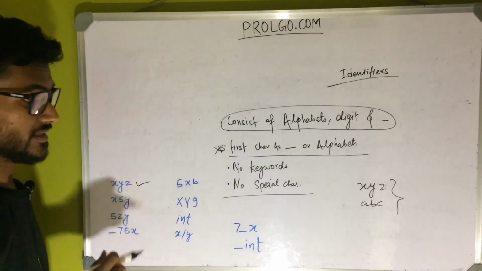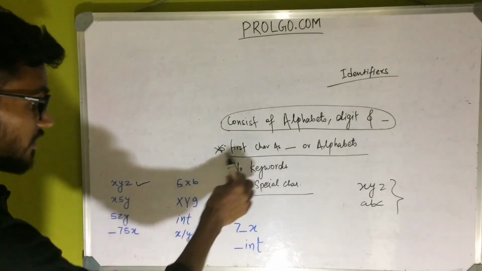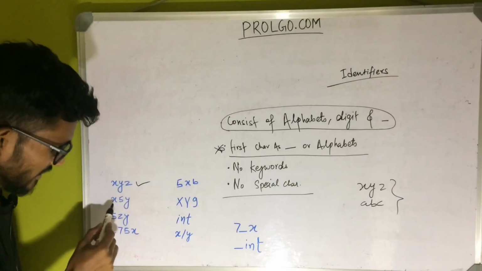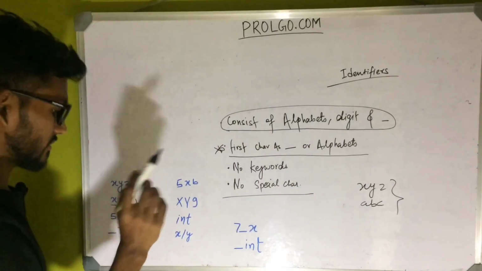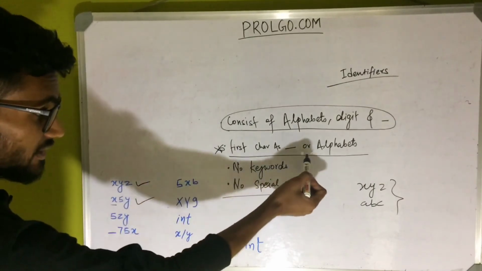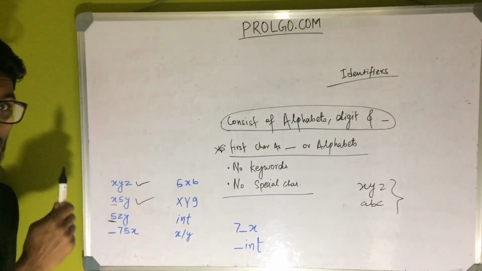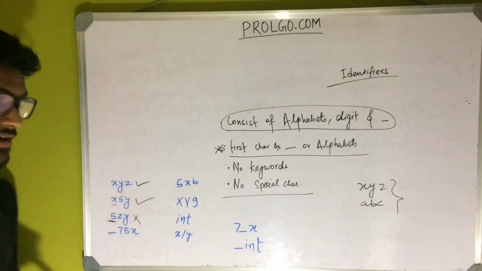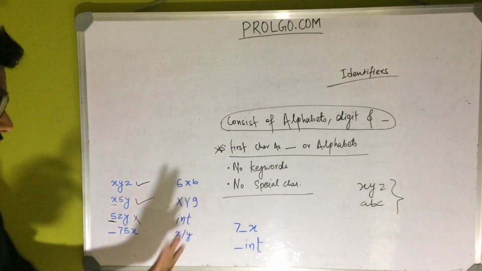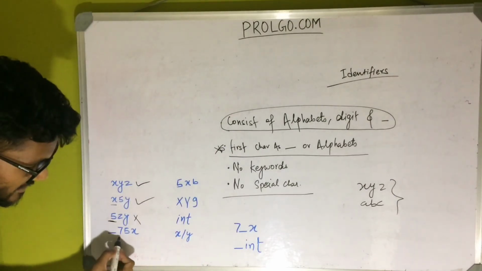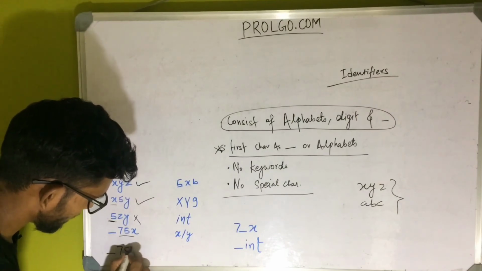First is XYZ, then this one, X5Y. The starting is X, so this is correct. Next, 5, here you can see the starting is 5, so this cannot be an identifier, because the starting can be either an underscore or an alphabet. This contains a number.